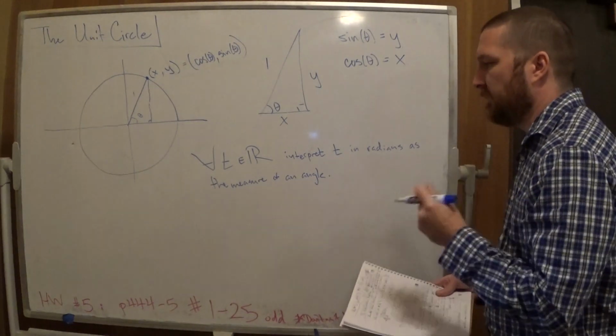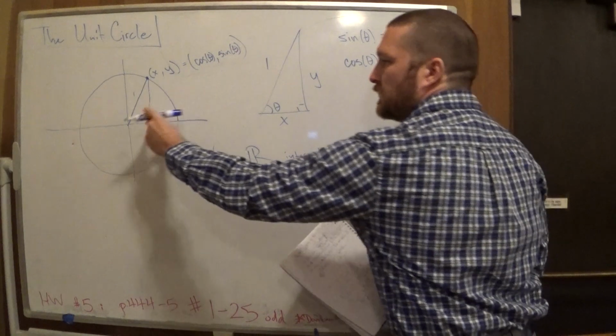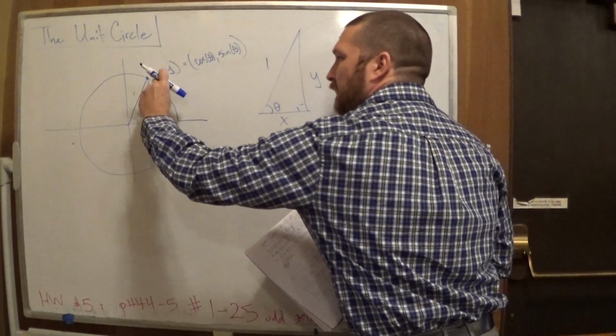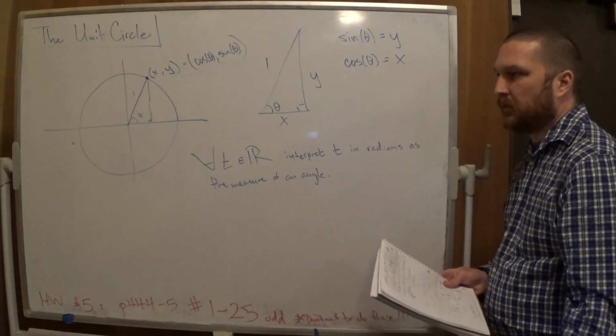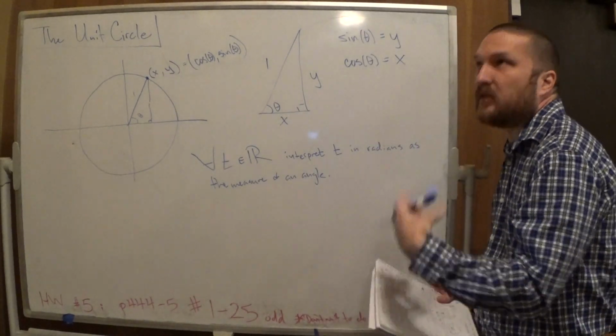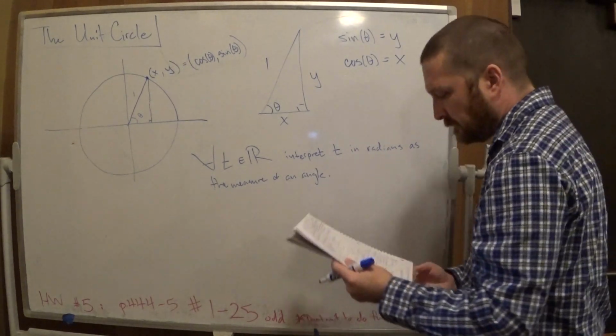So if t was like 1.7, then 1.7 radians would be however many radians I go along before I get to that. If it's a billion, well, you have to wrap around a few times, but you'll get there, that's some angle measure, right?